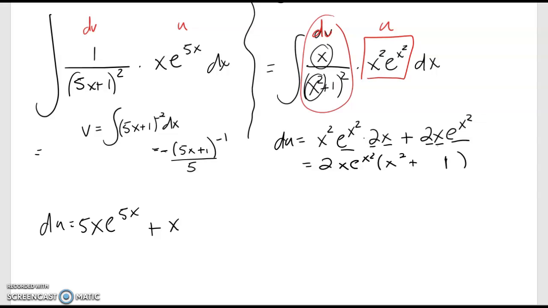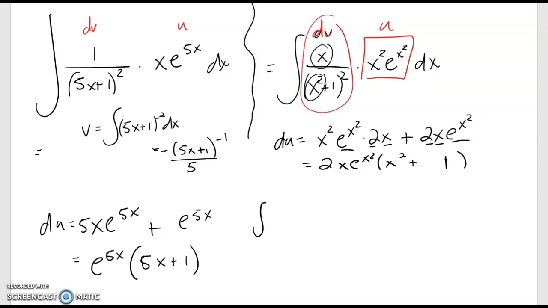I'm sorry, take the derivative of x, which is 1. And this one actually is pretty similar to this guy over here. You'll see the similarities as we go. That should leave me, if I factor out an e to the 5x, 5x plus 1. Okay, so I got everything I need.